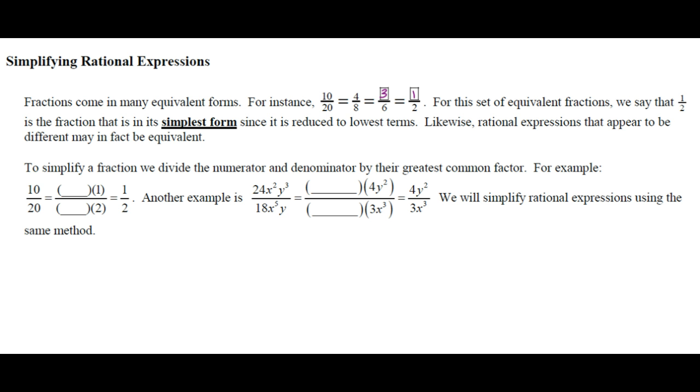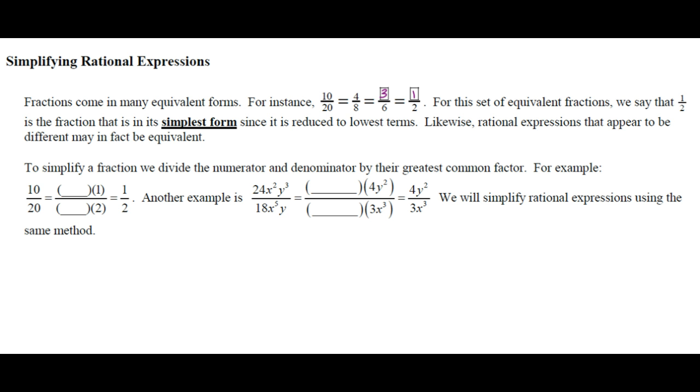For this set of equivalent fractions, right? And when you see the word fraction, you can write rational expression. For this set of equivalent fractions, we say that 1/2 is the fraction that is in simplest form since it is reduced to lowest terms.